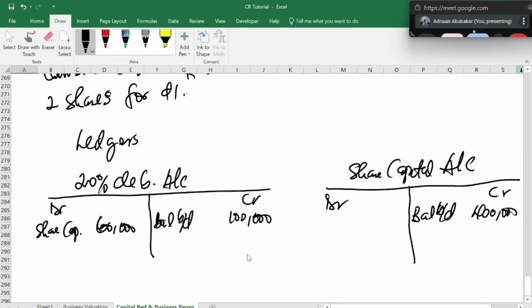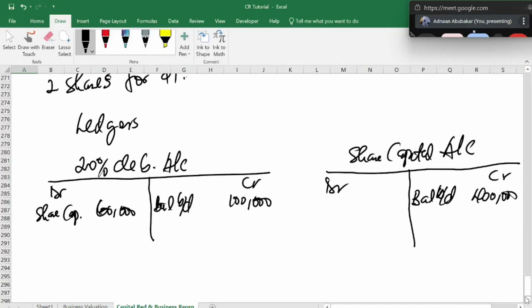Now they said the debenture holders want to convert to become ordinary shareholders. How much are they converting? 60,000. So all you have to do is debit the debenture account to reduce their debenture value. Do you understand?